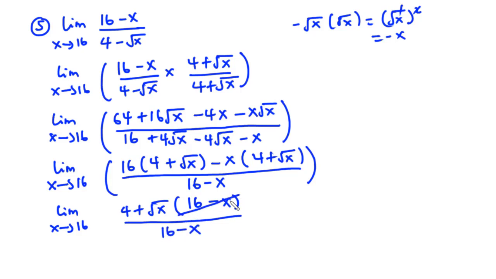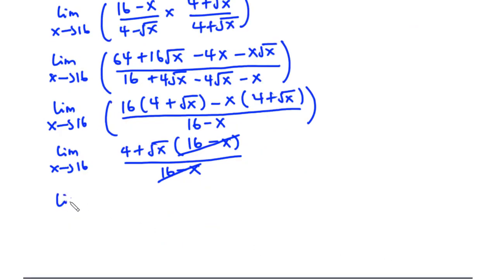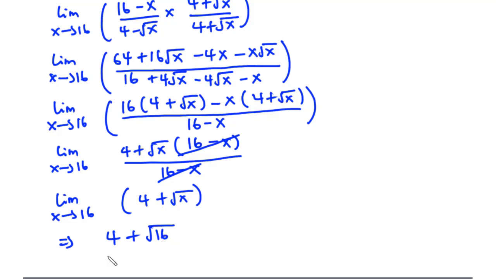So this cancels out this, and the limit reduces to the limit as x approaches 16 of 4 plus root x. Now we are going to substitute the value 16 into this function, and then we have 4 plus the square root of 16, which is equal to 4 plus 4, and then we have our limiting value to be 8.